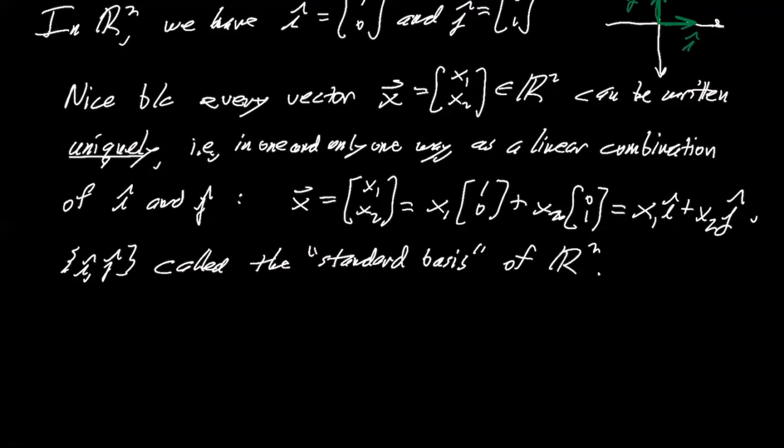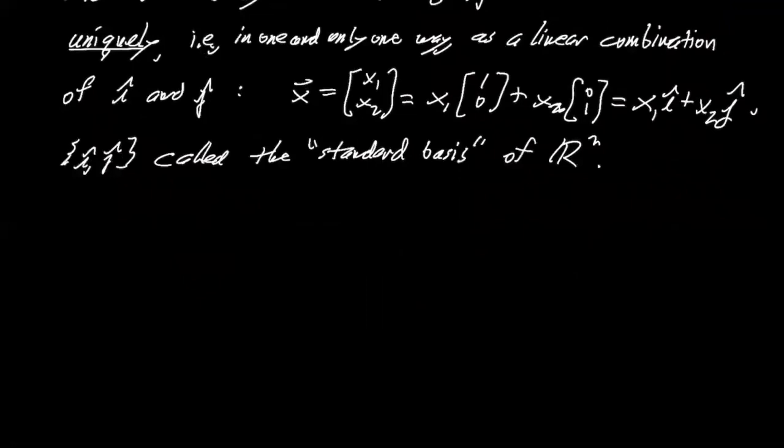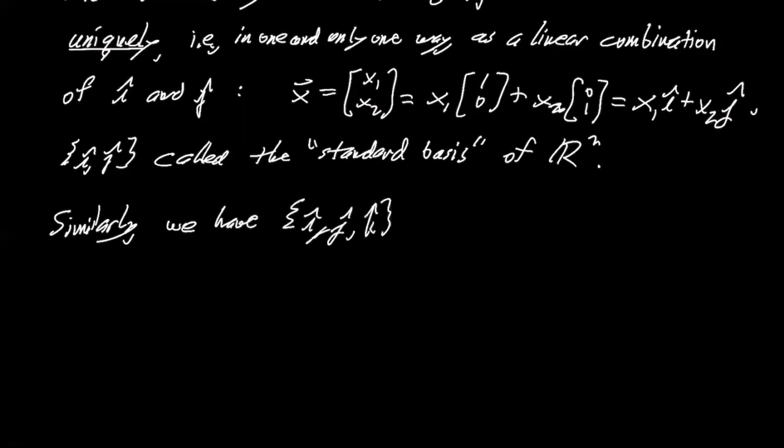So I just want to generalize this to more dimensions. Similarly, in R3 we have i hat, j hat, and k hat, or ijk if you prefer, the unit vectors in the x, y, and z directions.